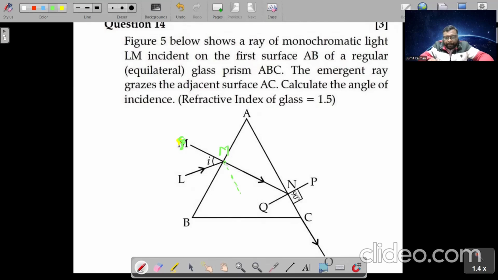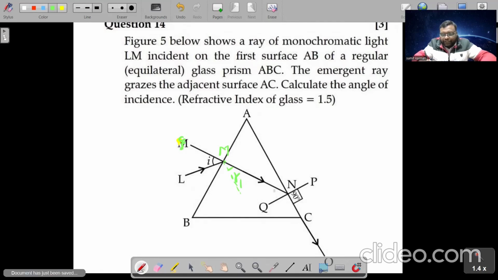and this is angle of refraction R1. Here the light ray LM is undergoing refraction at the first surface AB of the prism. So here R1 is angle of refraction at the first surface AB.